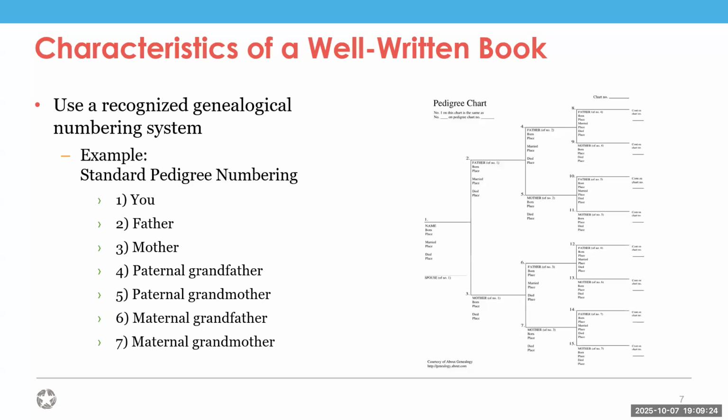All of the males in your family will be on the even numbers. So you can see on the chart on the right, numbers 2, 4, 6, 8, 10, 12, and 14 are all fathers. They are all the paternal line. But you have your paternal and your maternal lines. And then all of the odd numbers are the females in your family.